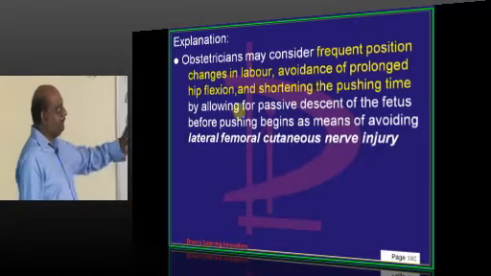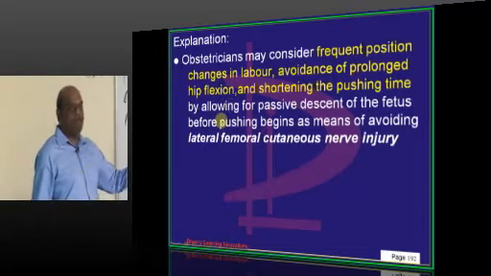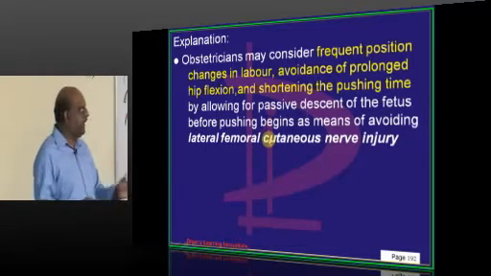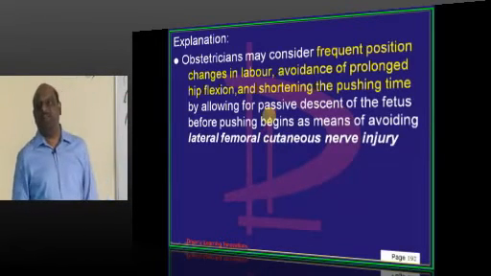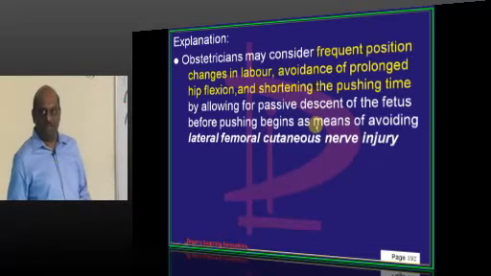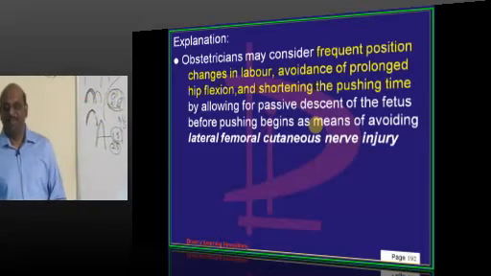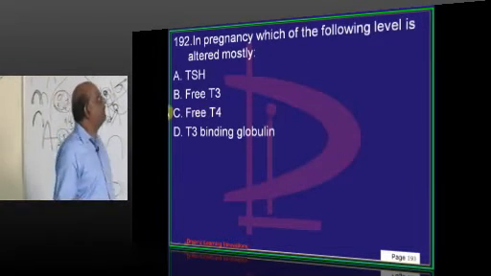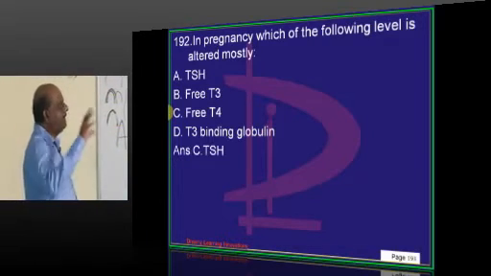That's the reason frequent position changes should be done, and you should avoid prolonged hip flexion, and also you should decrease the pushing time, and you should allow the passive descent of the fetus, right? Lot of midwives over stress on push. So be very sure to not injure. In pregnancy, thyroxine binding globulin levels will increase.